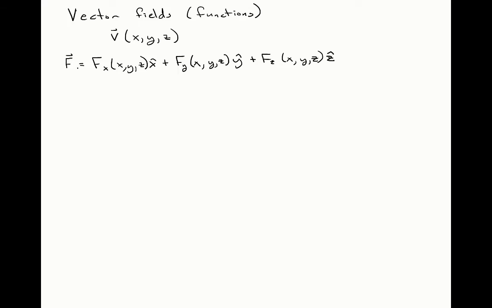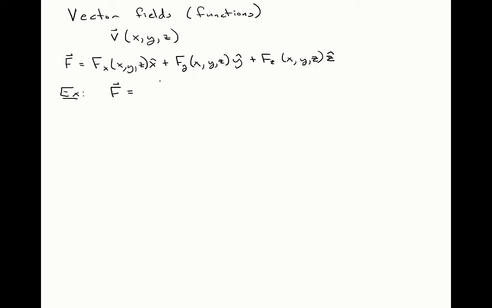So we have a function that has an x component, a y component, and a z component. And each of those functions is a function of x, y, and z, and also sometimes t, or time.